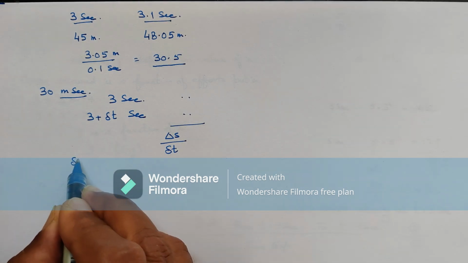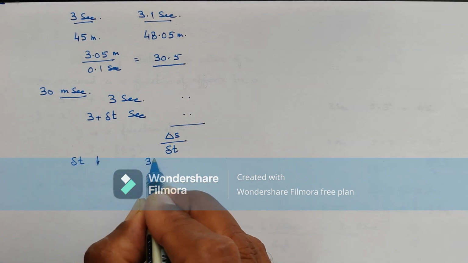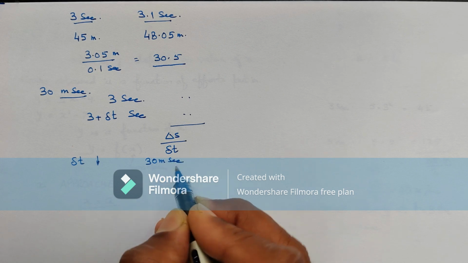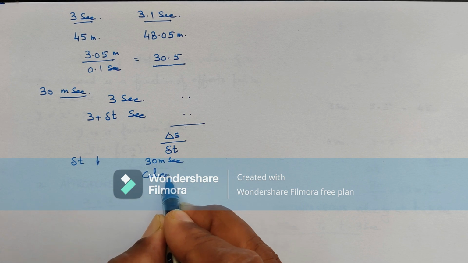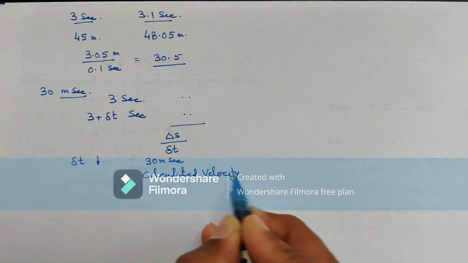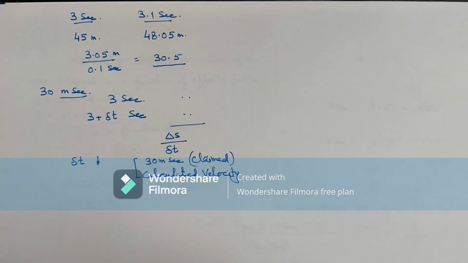In other words, if I reduce delta t, the difference between this 30 meters per second, that's my claimed velocity, and the calculated velocity, the difference between these two will reduce.